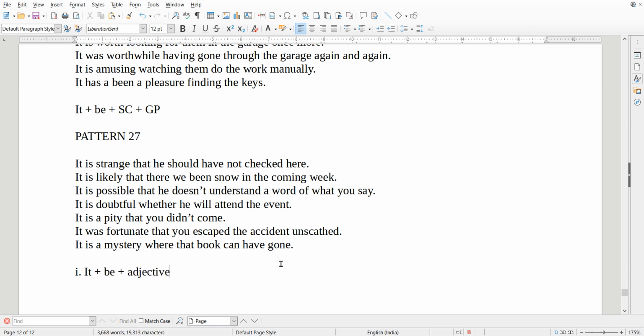adjective, noun plus. So again it's subject complement. I think it's subject complement, because subject complements can take adjective, noun. So since it's be, it'll take a subject complement, or you can say adjective or noun. Noun clause.